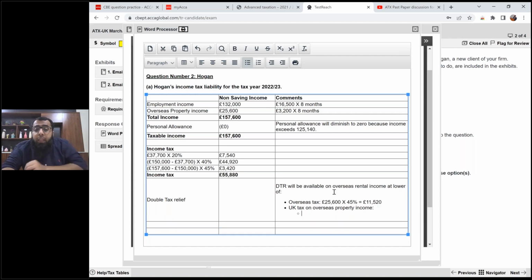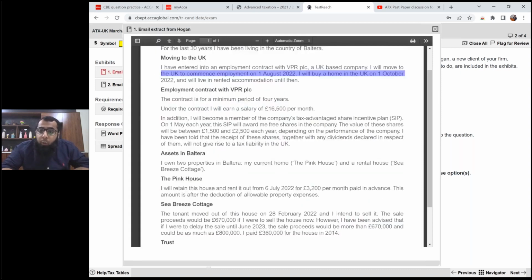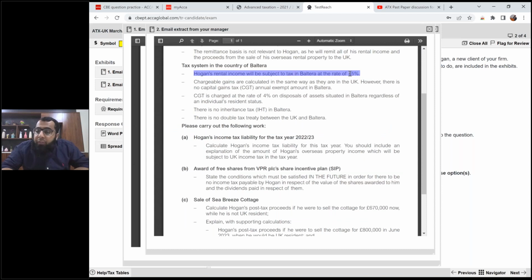Now in UK, I will tax this income at higher rates, at the maximum rates, so that my DTR gets maximized. Listen to me. The overseas tax is at 45%. It was given in the question.